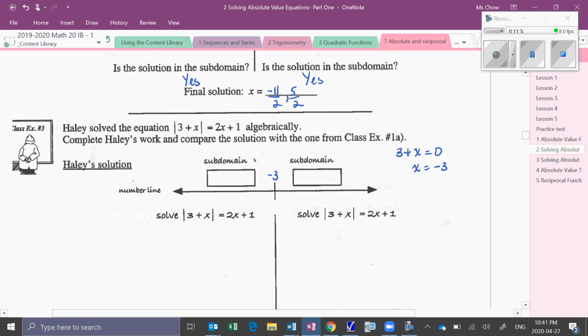Again, I'm going to sketch my little graph. That absolute value of 3 plus x is going to look something like this. So on the left side of that negative 3, we've got x less than negative 3. On the right side, our subdomain is then x is greater than or equal to negative 3. Again, the question comes up as to, well, what about that equal to?